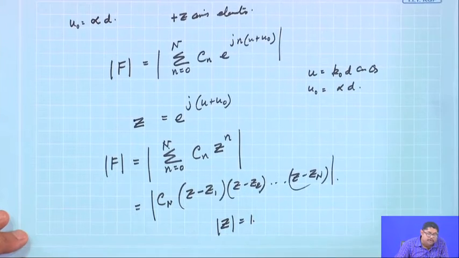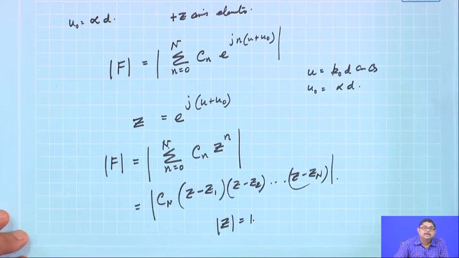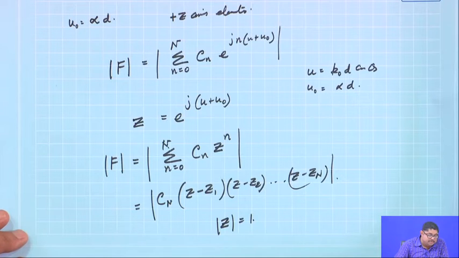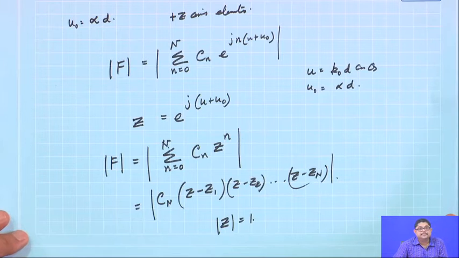So, for all real values of u and u naught, visible space will correspond to a portion of the unit circle extending from minus k naught d plus u naught to plus k naught d plus u naught.